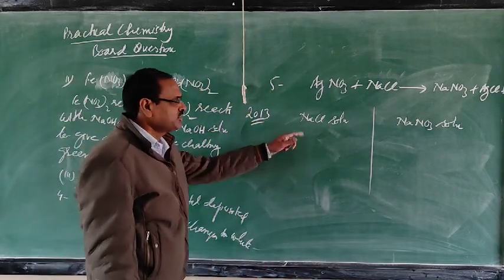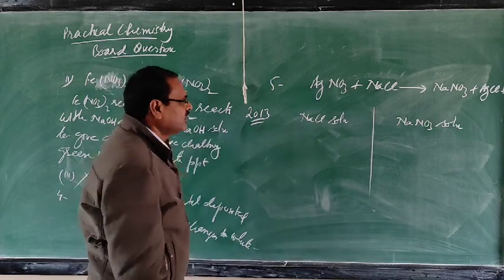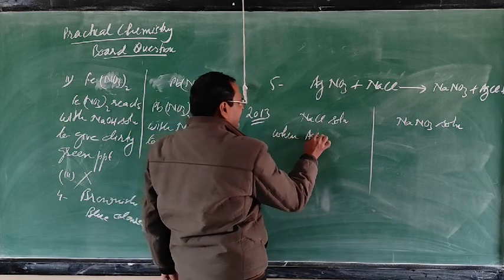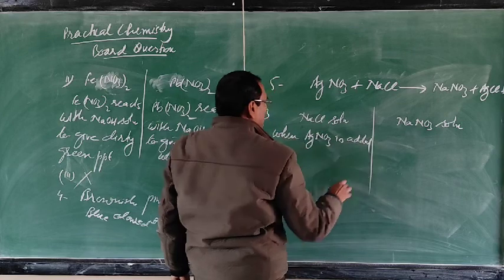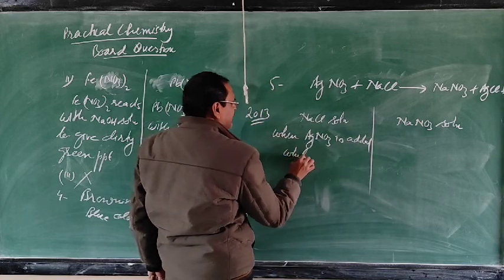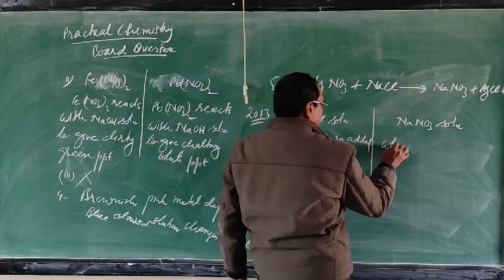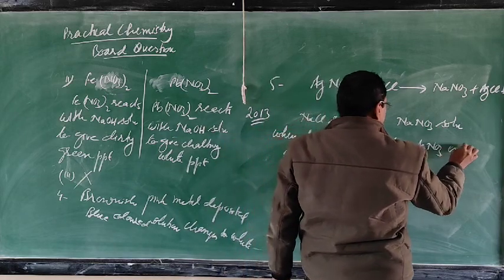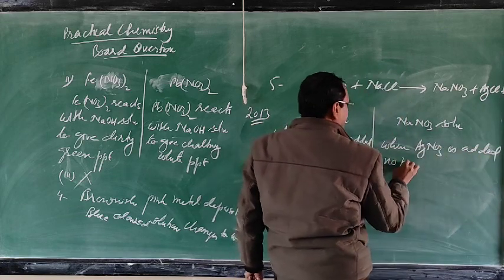So for the chloride test you can use silver nitrate. When silver nitrate is added here, a white precipitate forms; here, when silver nitrate is added, no precipitate.